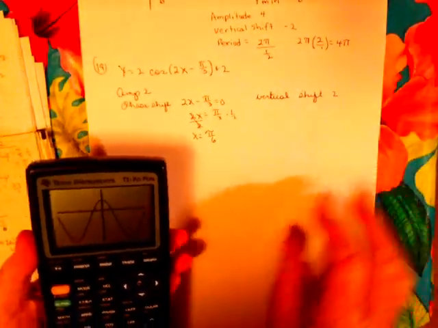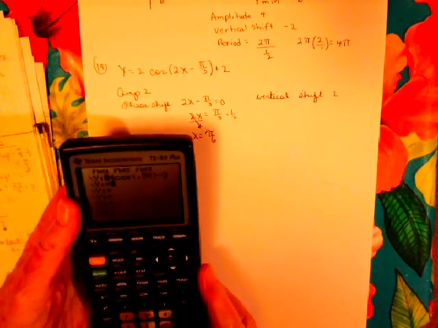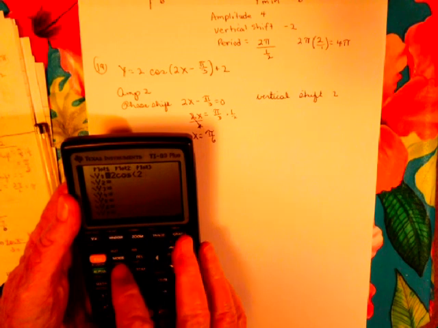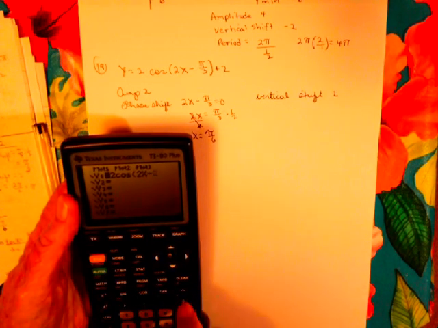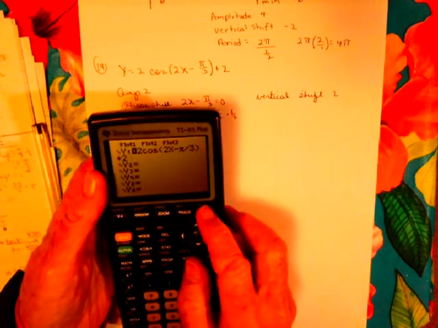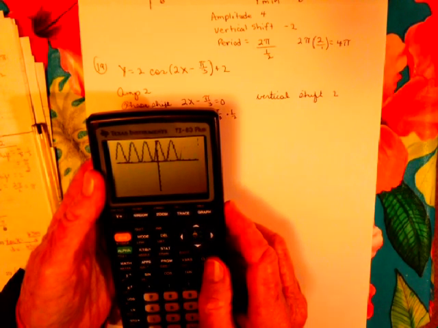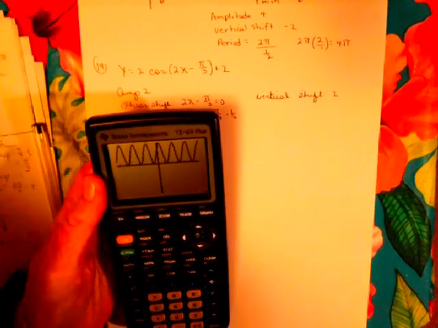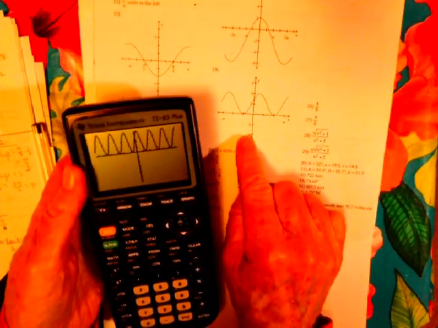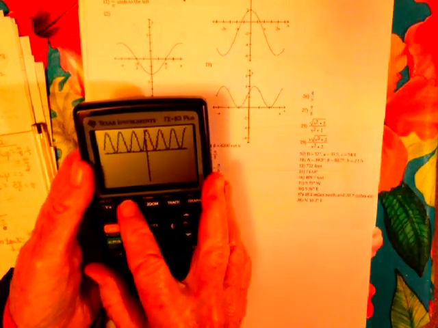If not, then you go back to your calculator, graph this, 2 cosine 2x minus pi divided by 3 plus 2, graph. Compare that to the answer shown on your study guide. If you need to make adjustments to your window, do so.